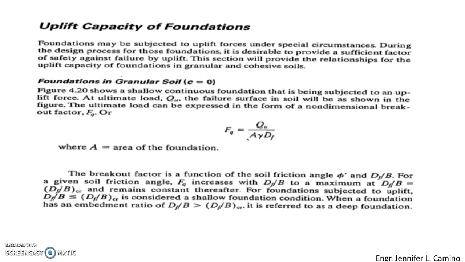So for this, we're going to compute the ultimate bearing capacity for foundations that are subjected to uplift forces, or uplift capacity. For foundations constructed in granular soil, of course, our cohesion is equal to 0.